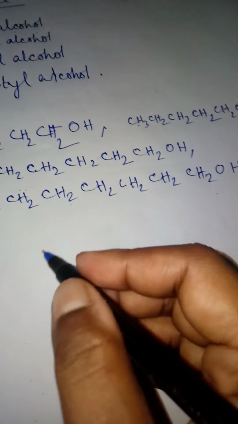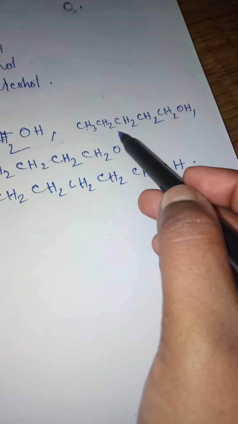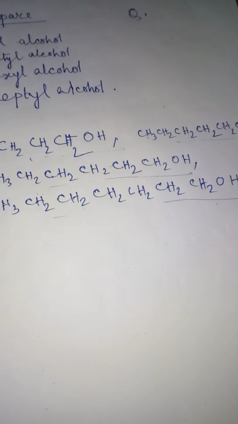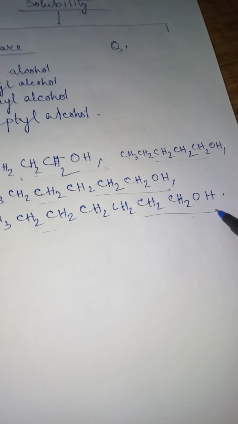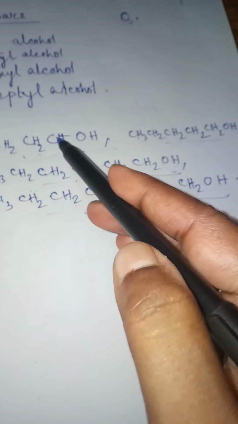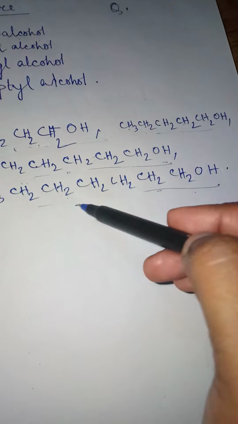This is n-heptyl alcohol. Simple means no branches are there, simple alcohols. If you compare the solubility of all these alcohols in which no branches are there, the only difference is that they have different molecular masses.